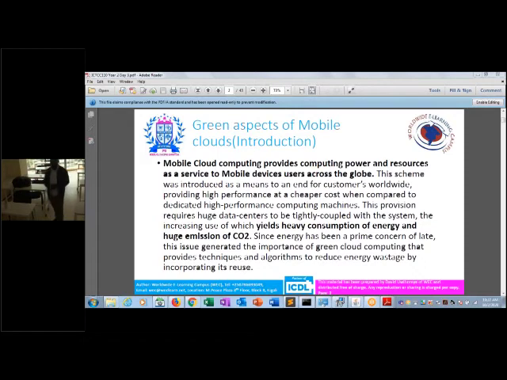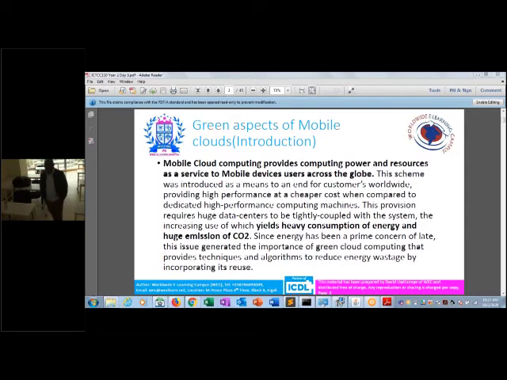This provision requires huge data centers, those clouds, to be tightly coupled with the system, the increasing use of which yields heavy consumption of energy and huge emission of CO2.